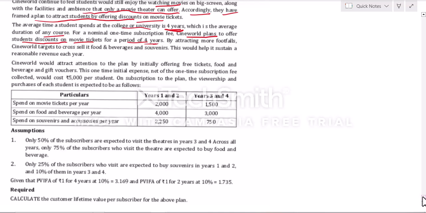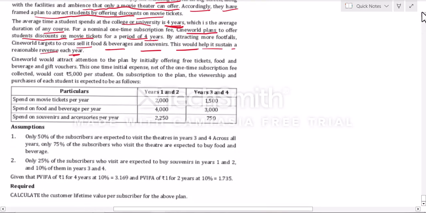By attracting more footfall, Cineworld targets to cross-sell its foods and beverages. This helps sustain a reasonable revenue every year. Okay, side by side, besides the movie tickets, they want to sell food and beverages also to get some extra money.